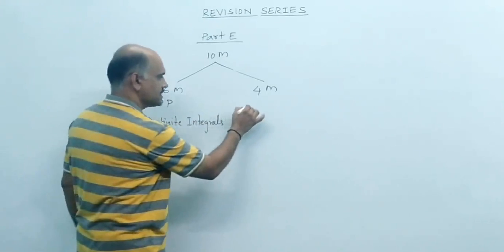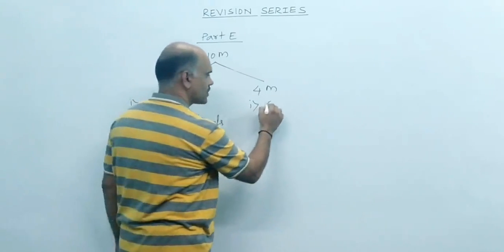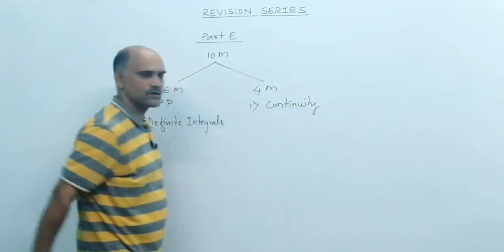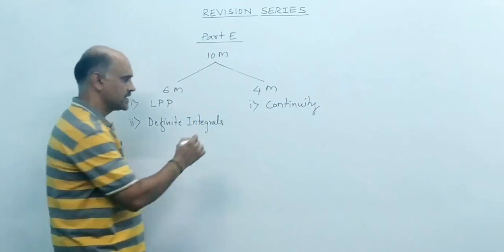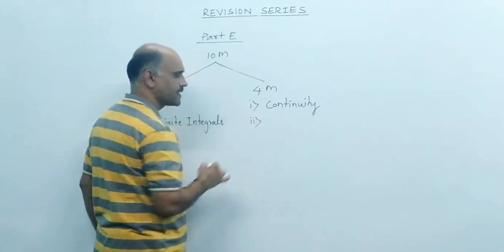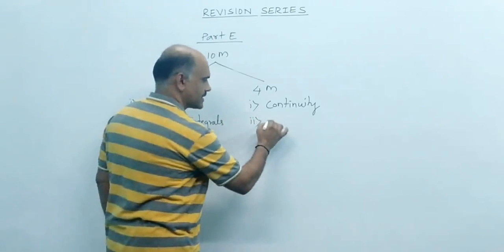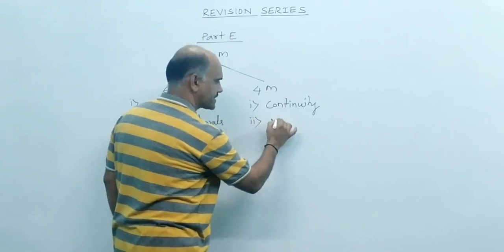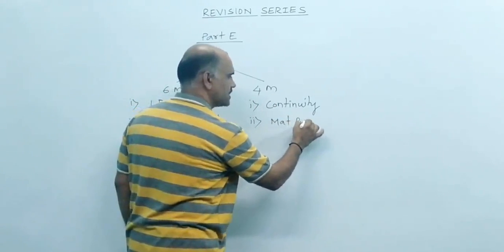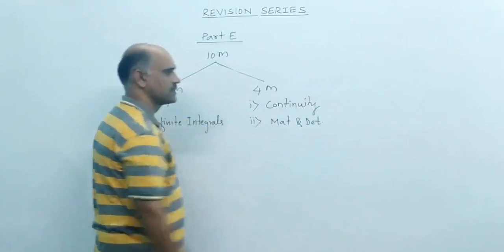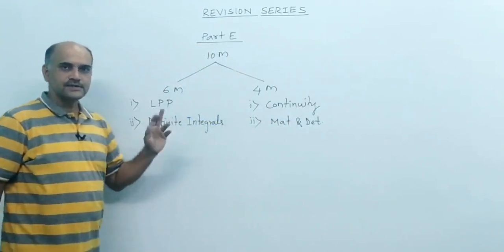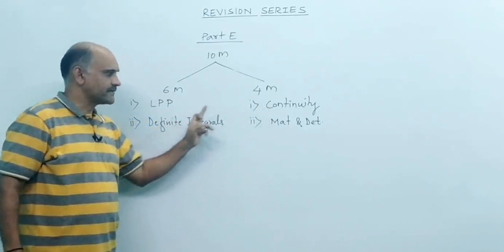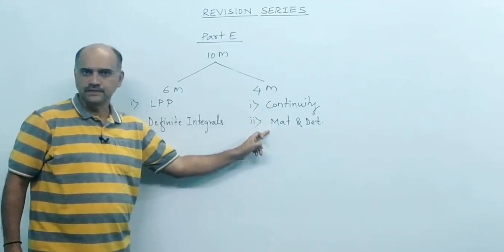In 4 marks, one you will have on continuity, that is differentiation, continuous or discontinuous function. Second, you will have a simple one on matrices, where you are required to show whether LHS equals RHS, or you can say either on matrices or determinants. There is no rule that LPP will be clubbed with continuity, or with definite integrals or matrices.